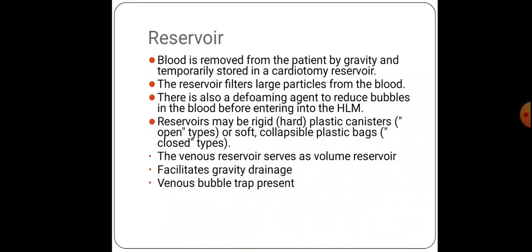It also facilitates the gravity drainage. Based upon gravity only we are taking the blood from the heart and storing it in the reservoir. Then there is a venous bubble trap present. If any bubble is present, it will trap and remove it, which is called the venous bubble trap.